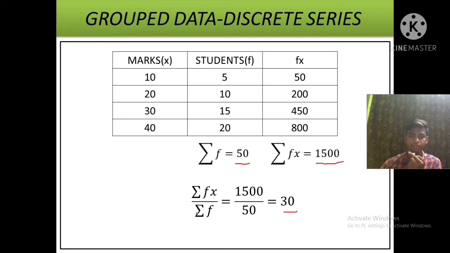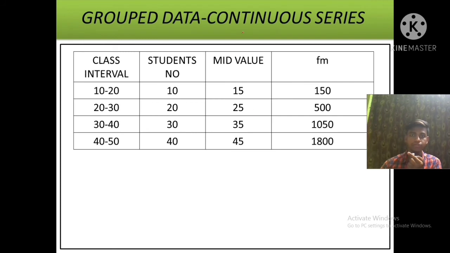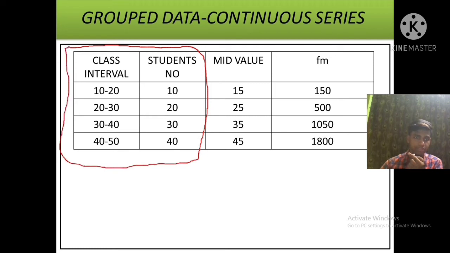Now we'll move to the next math problem, which belongs to continuous series. Suppose in the examination your teacher gives you this table and asks you to find the arithmetic mean. In continuous series there is always a class interval present.